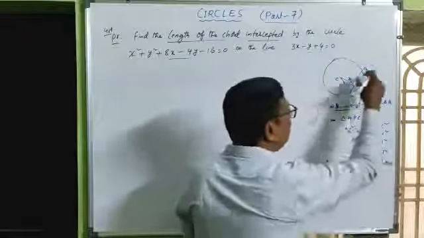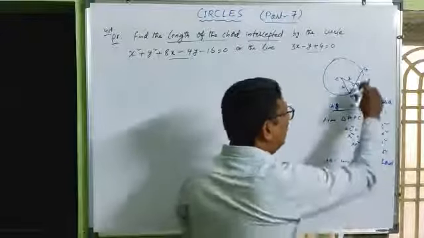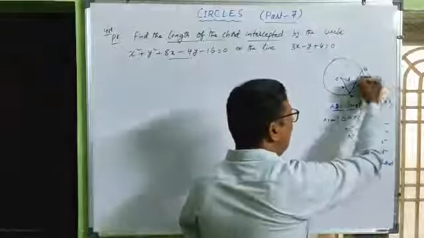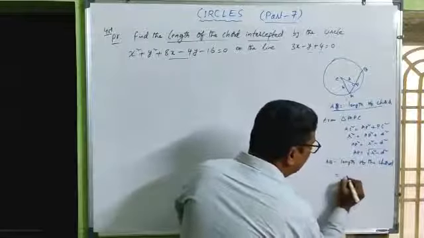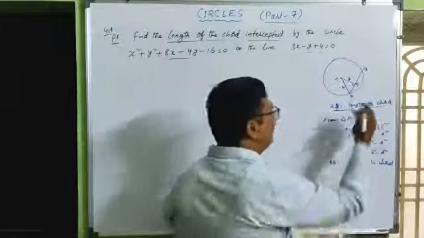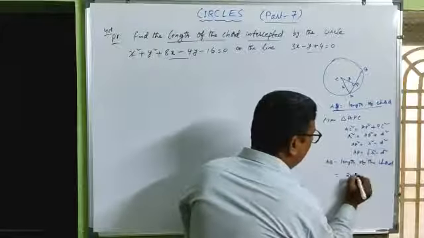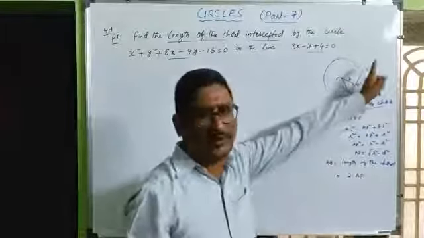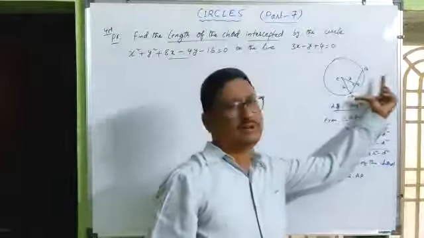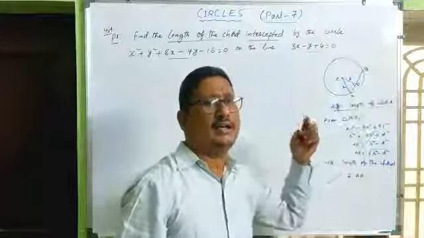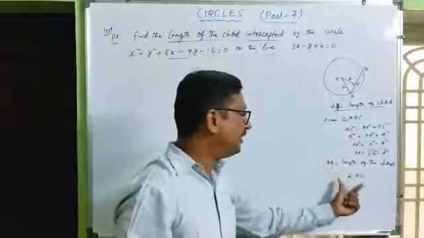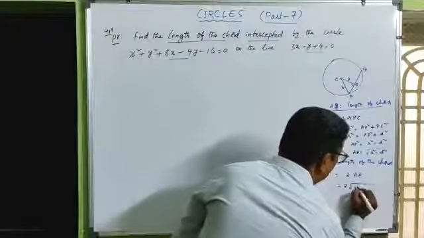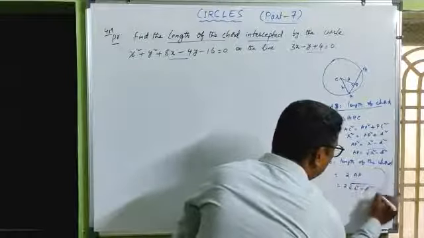If P is the midpoint of AB, and the AP distance is under root R square minus D square, then AB is 2 times AP. So AB is 2 times under root R square minus D square. This will be the length of the chord.